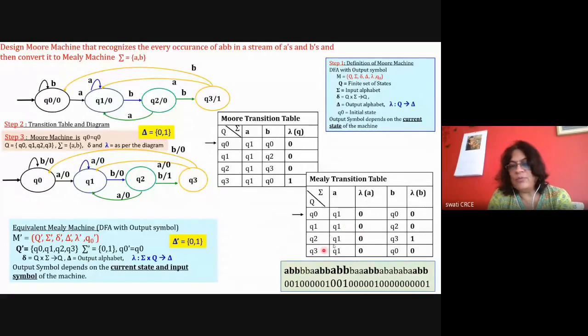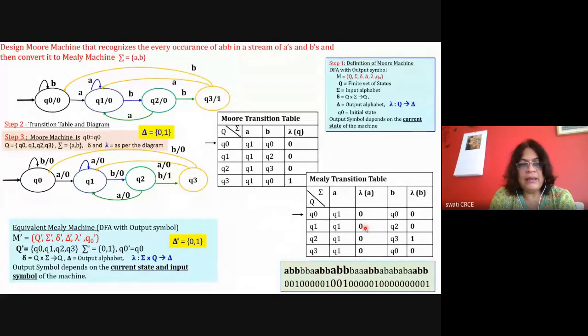And see the table of Mealy machine. For Mealy machine, these are the state transitions, that with A it is going to Q1 and like that. And now for lambda, A is the input symbol, output is 0. So Q0, A is the input symbol, output is 0. So like this you write down.